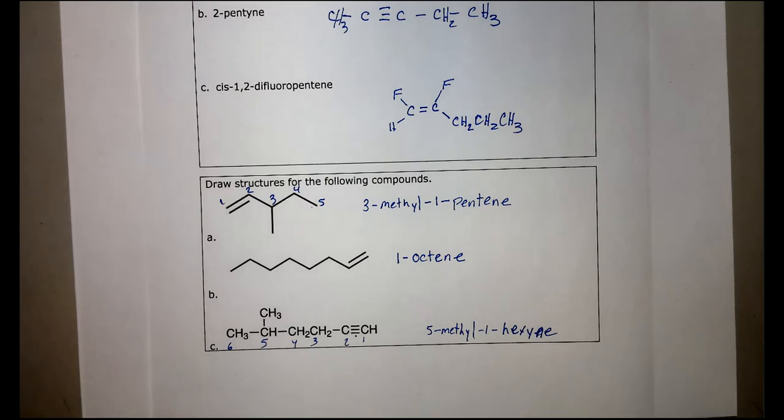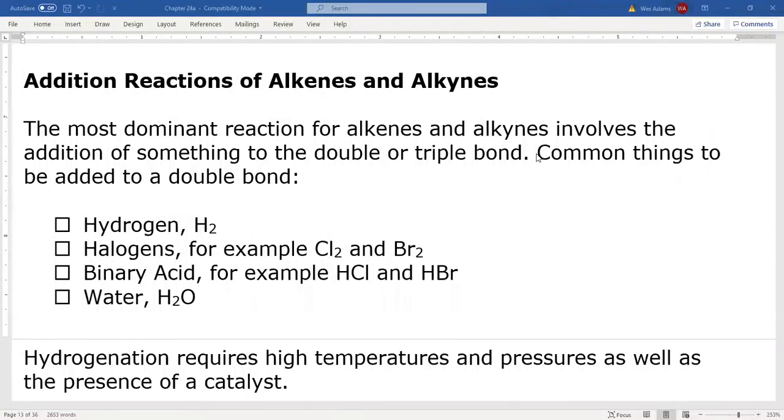And for our purposes, since it's a general chemistry course, we'll stick to the simple ones. All right, let's talk about reactions of alkenes and alkynes. The most dominant reaction involves addition of something to the double or triple bond. You can add hydrogen, or add halogens, or we can add a binary acid like HCl or HBr, or we can add water.